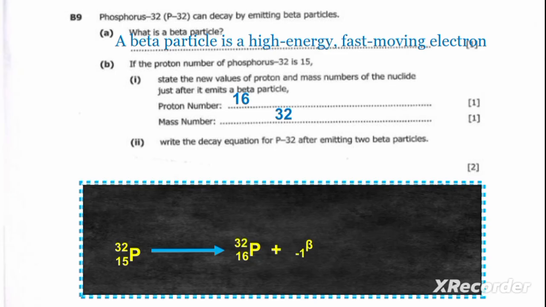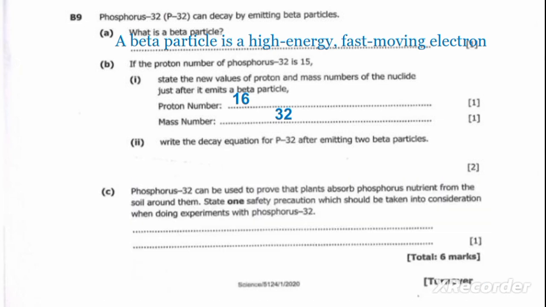We have phosphorus-32 with its mass number, 15 as its proton number, and we have the daughter with 32 as its mass number and 16 as its new proton number. So this is the decay equation. We are also done with this question.